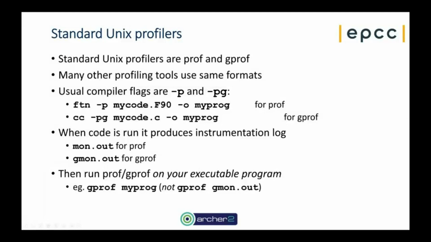But then when you run your program, you'll get a file called gmon.out or mon.out, and that contains the profiling data, which you can look at using the program gprof or prof. So I've created my program here. This is my executable. I ran it, it produced a gmon.out file, and then I can run gprof on my prog.